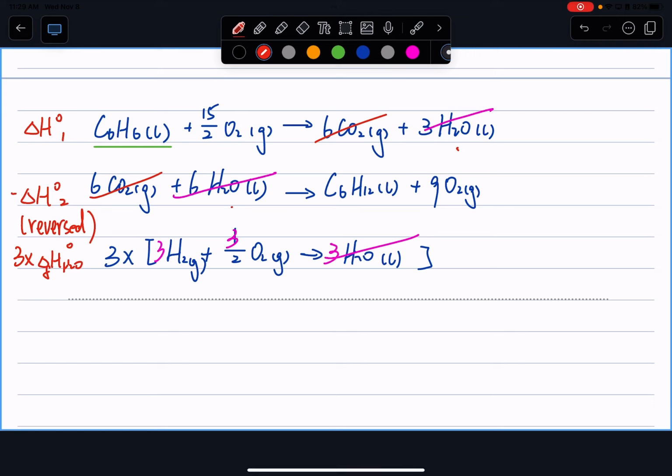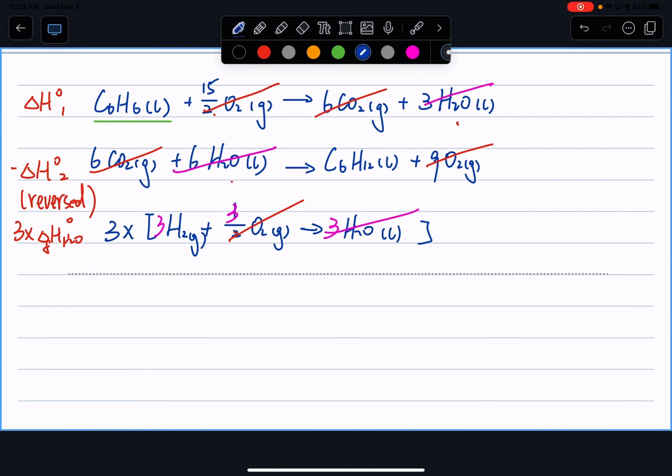And your oxygen, which is 9, this one is 15/2, 3/2, your oxygen also cancel out. So the overall reaction we have is C6H6 liquid plus 3H2 goes to the C6H12 liquid.